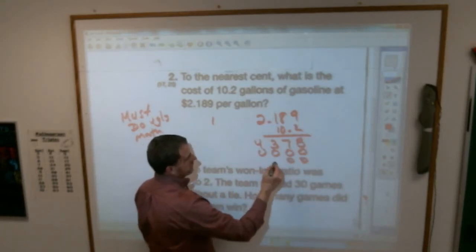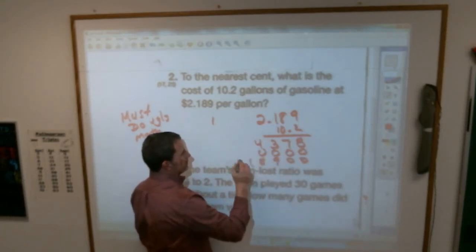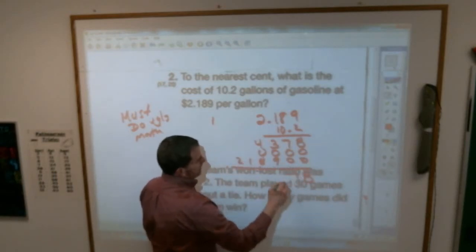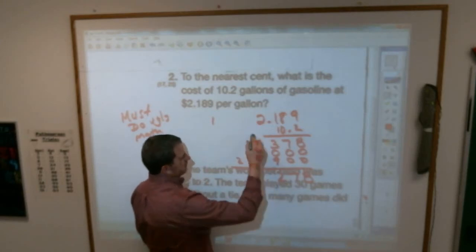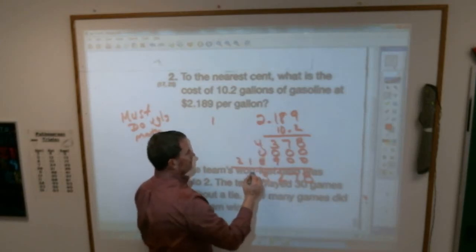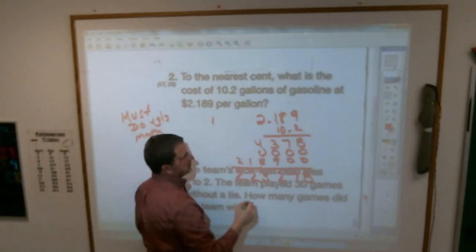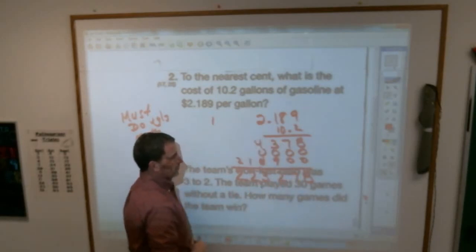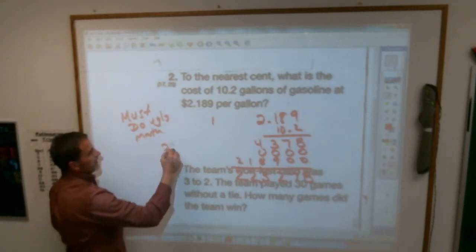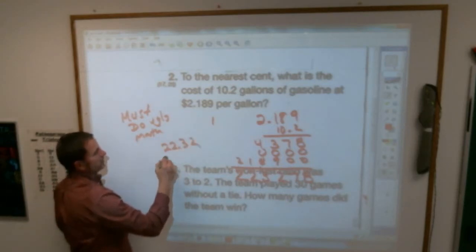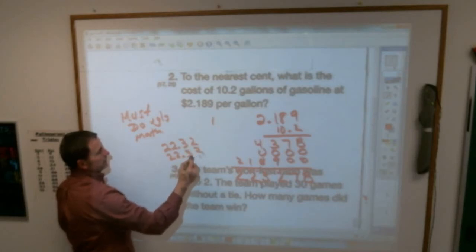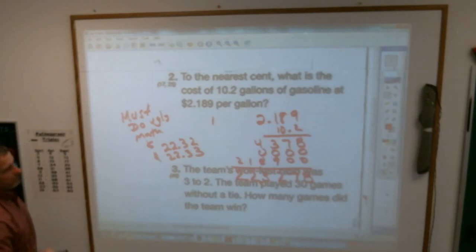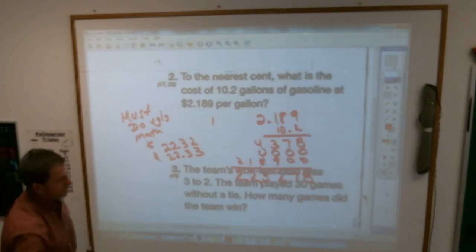Oh, it's easy because there's ones there. 9, 8, 1, 2, what's this? 8, 7, 12, 13, 2, 2, 4 decimal places, 1, 2, 3, 4. So your choice is either $22.32 or $22.33. Because we don't have thousandths of a cent as part of our things.